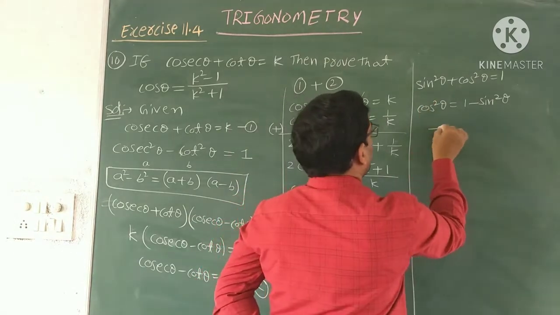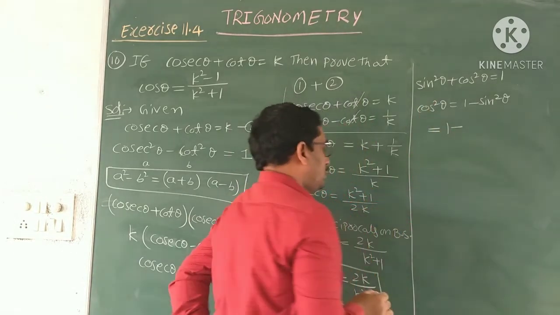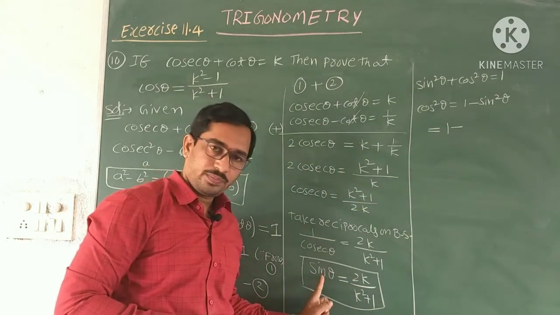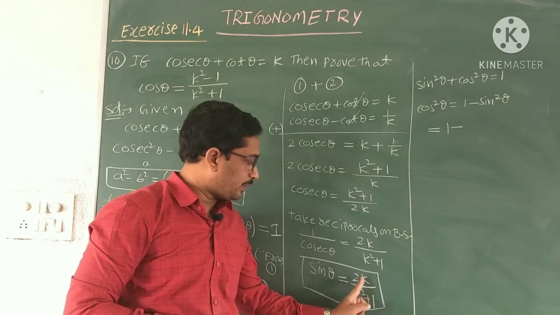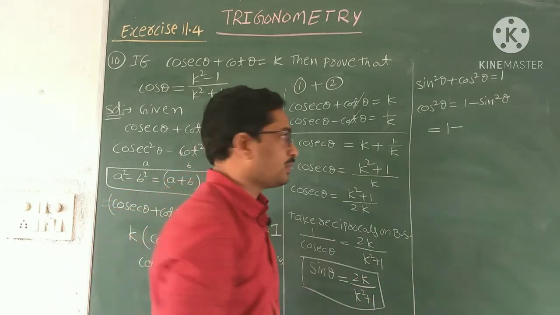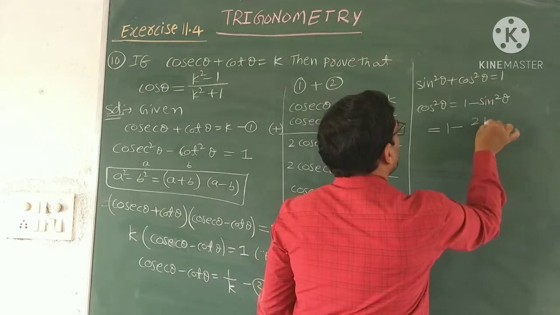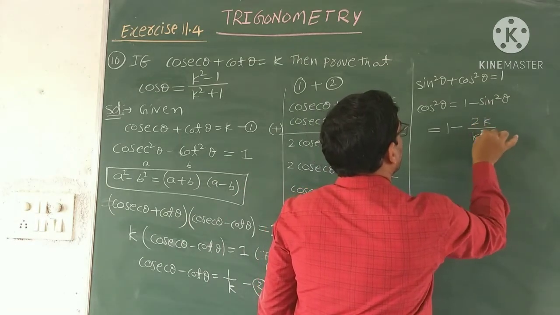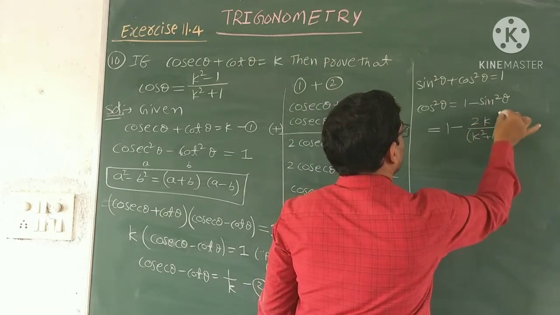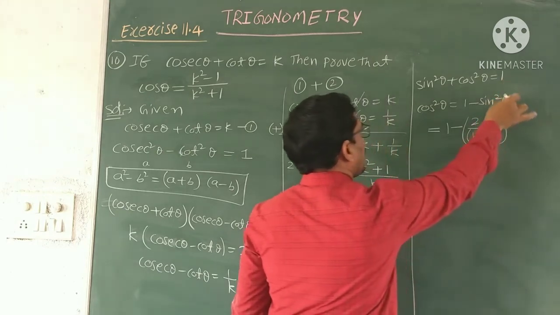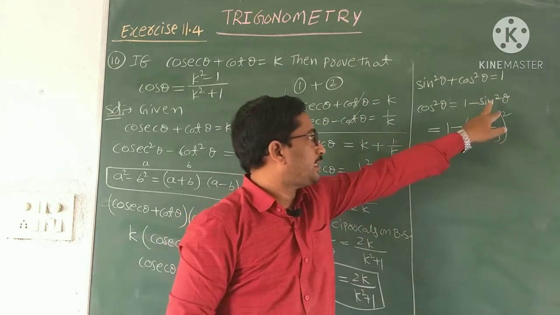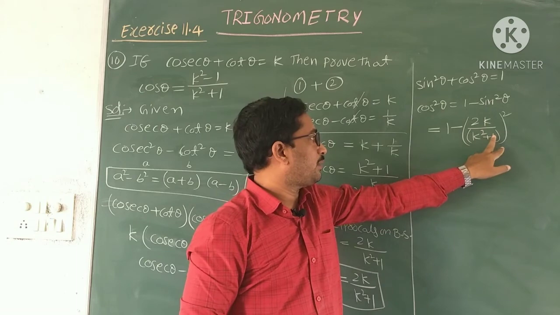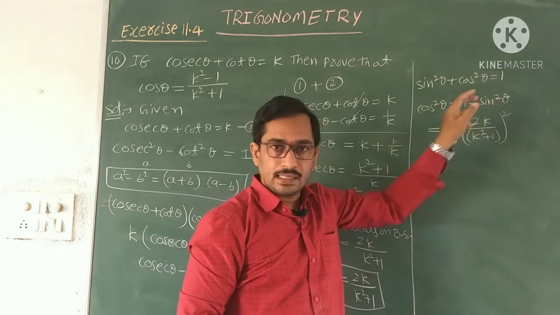Put cos square theta as it is, 1 minus. But what is the sin theta value? Sin theta value is 2k by k square plus 1. So substitute here, 2k by k square plus 1 whole square. Square as it is, only substitute the sin theta value.